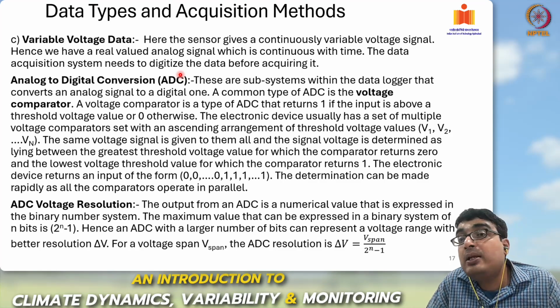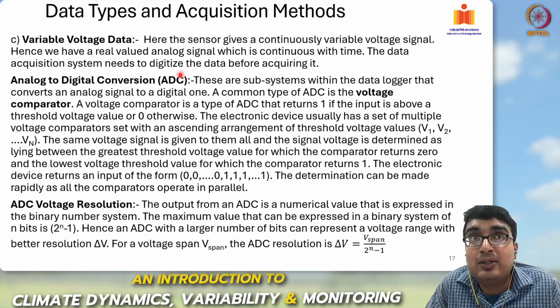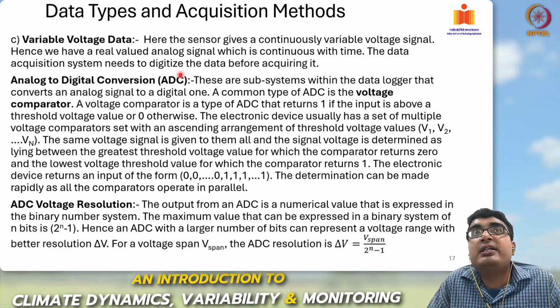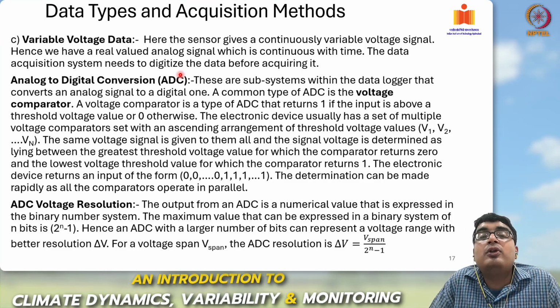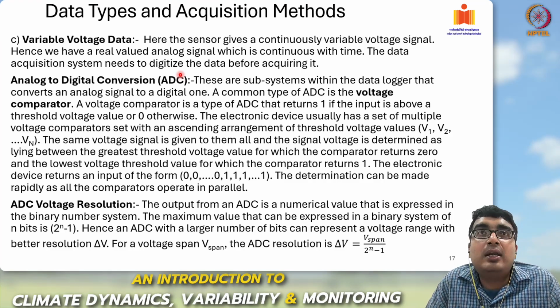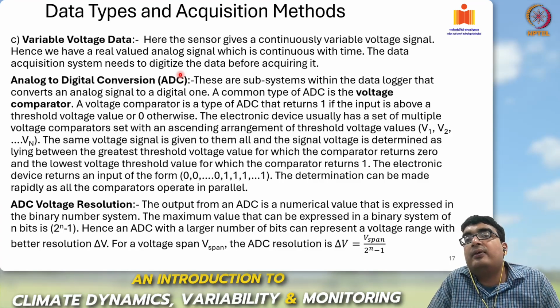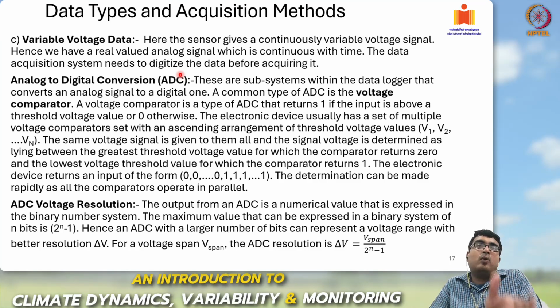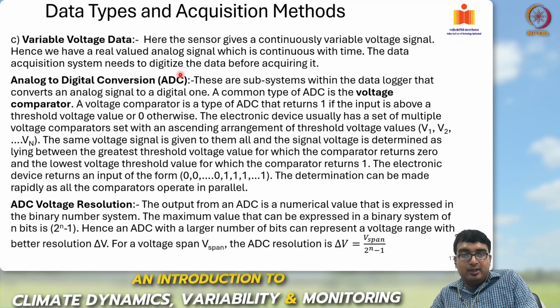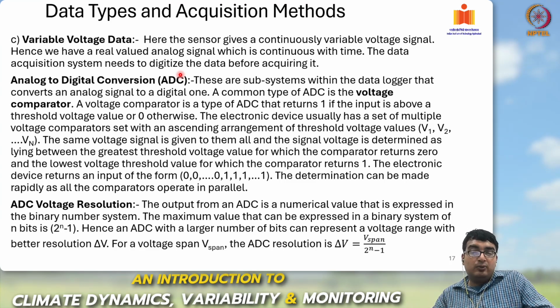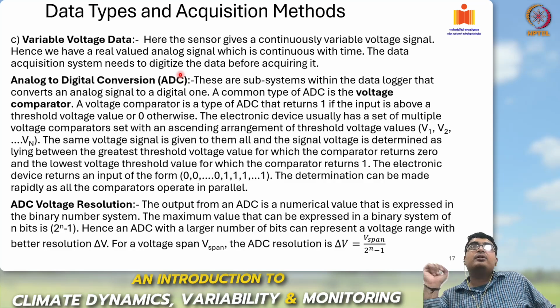Now the voltage is below the threshold, so it returns 0. V7, 0.7, 0. So you will get 1, 1, 1, 1, 1, 0, 0, 0, where between V5 and V6 is where the 1 to 0 transition is taken. So the greatest threshold value for which the comparator returns 1 and the lowest voltage threshold value for which the comparator returns 0.